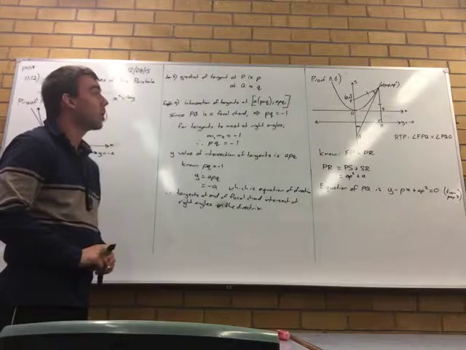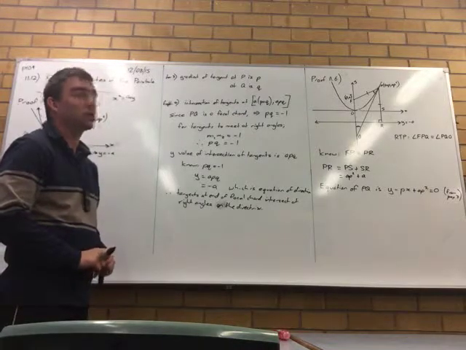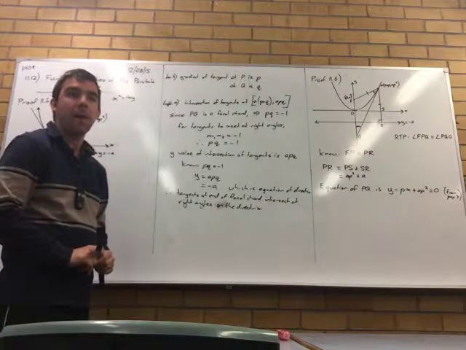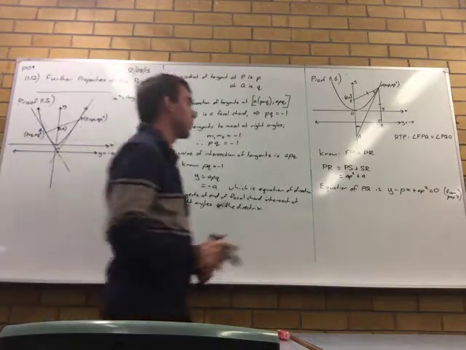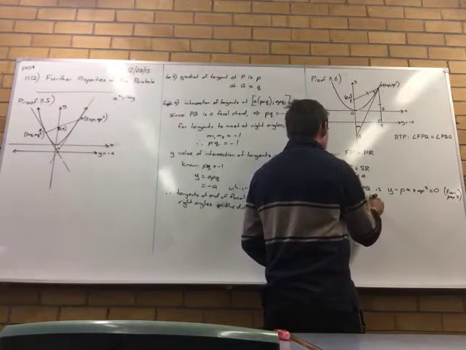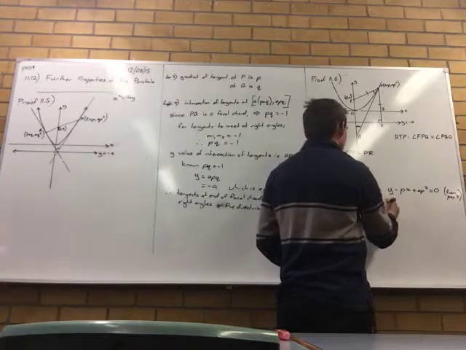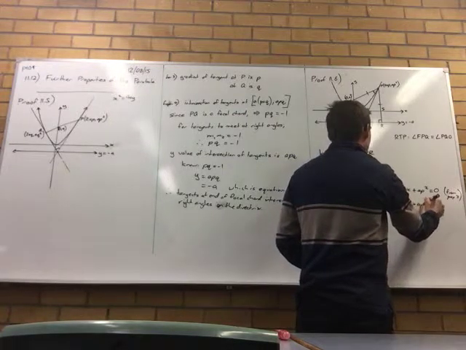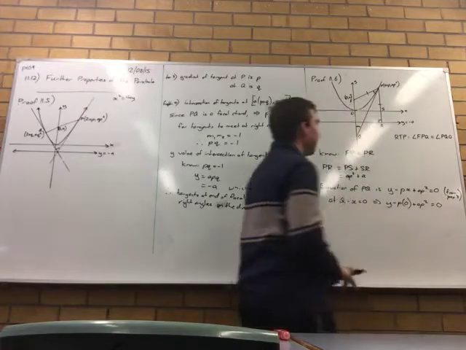Right, so what do I know about my coordinates at Q? X is 0. So at Q, x equals 0. So y take away P lots of 0 plus AP squared is 0.